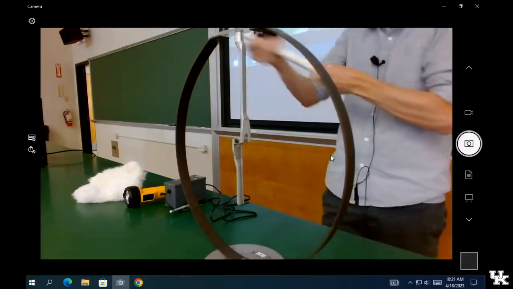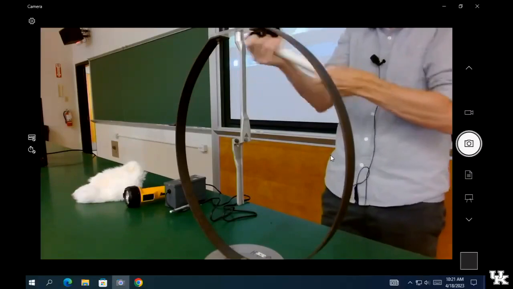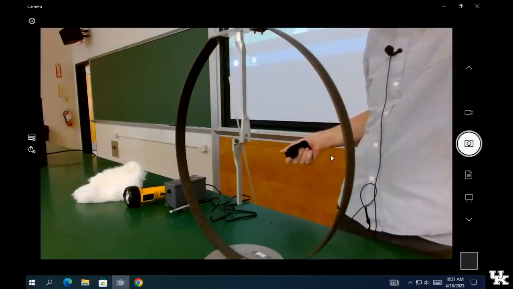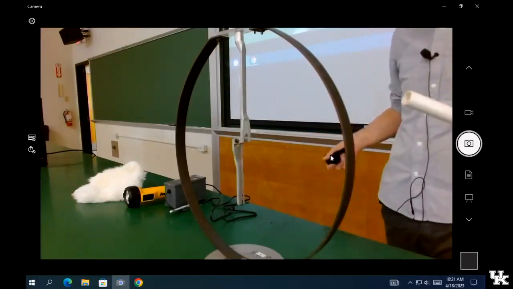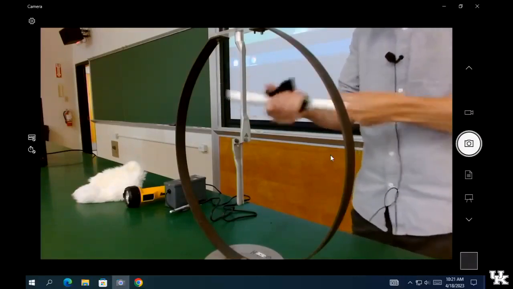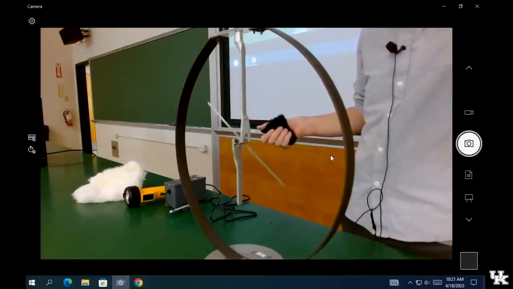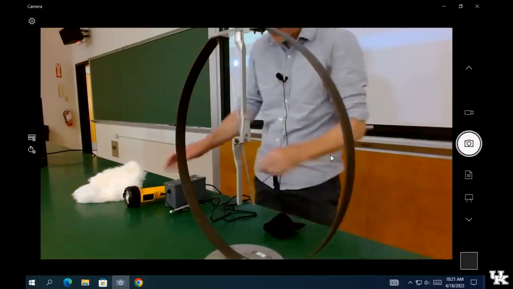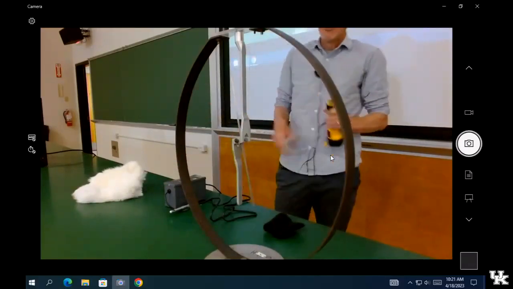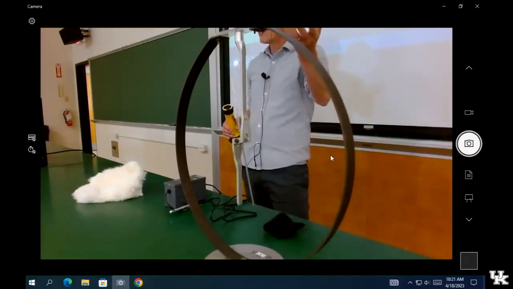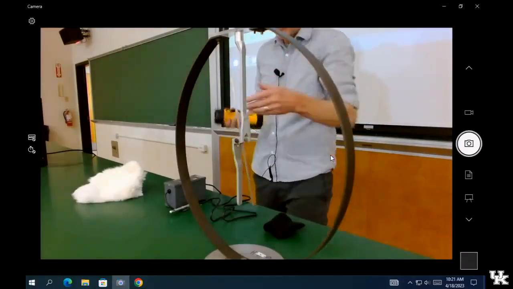This rips off electrons from one material onto the other material, and I'm going to apply some of that charge. Okay, I've got some charge on there. Now I'm going to try and get rid of it. I've filled this up with electrons. You can't see them, but I've added some electrons to the metal parts of this electroscope.